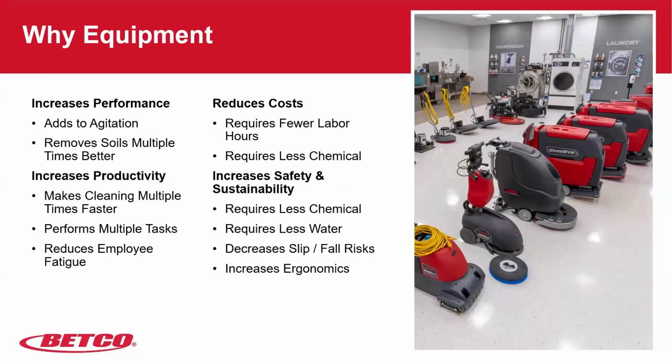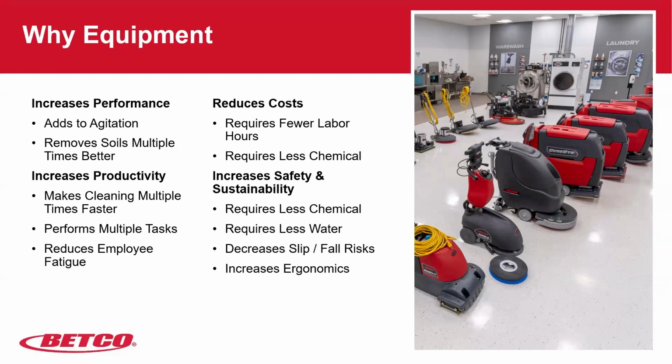That pretty much goes through the most common substrates that we're finding in commercial applications today, and transitioning into the equipment. We talk a lot about equipment because equipment saves labor, saves the floor, increases performance, and increases productivity. There are a lot of opportunities for equipment.